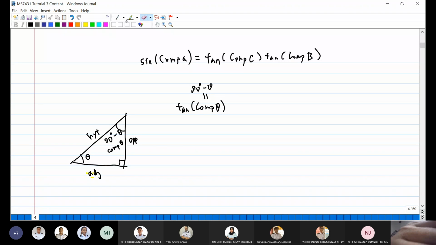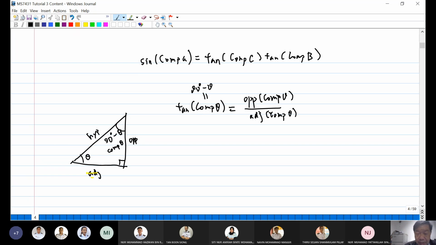How to find tangent of co-theta is opposite of co-theta over adjacent of co-theta. Now all these things trigo formula you have to know, memorize by heart, no? Because you need to know when you draw a triangle, then how you find tangent, sine, cosine, all these things.